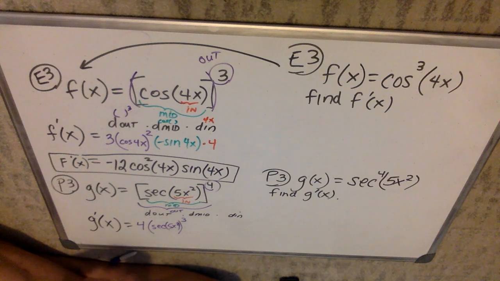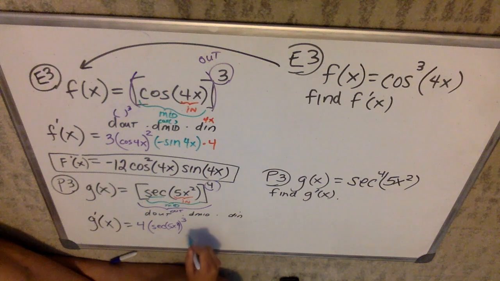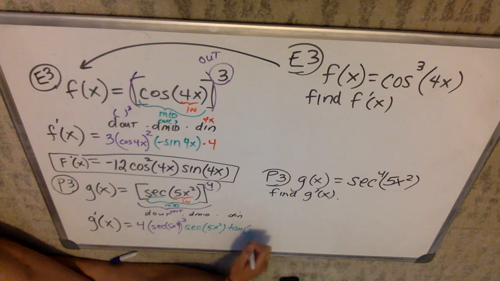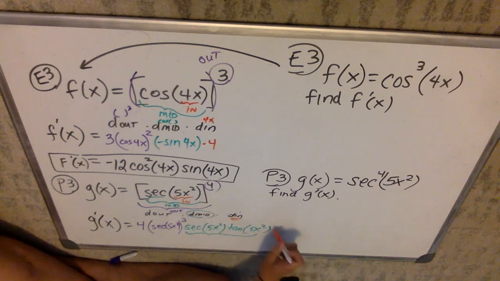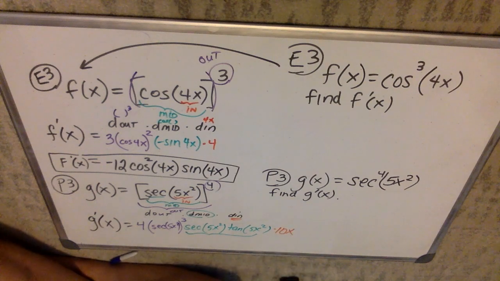And then the derivative of secant is secant tangent, meaning secant of whatever is inside the secant, tangent of whatever was inside the secant, right? That's the derivative of the middle, so that was d mid. And then the derivative of the inside is going to be a 10x.